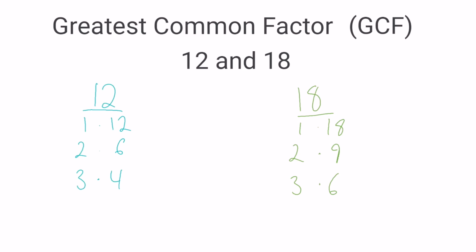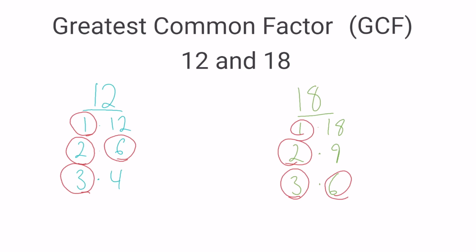Now we need to look between all of our numbers we have here and just figure out what is the biggest one they share. Well, they do share a 1, they share a 2, they share a 3, and they share a 6.